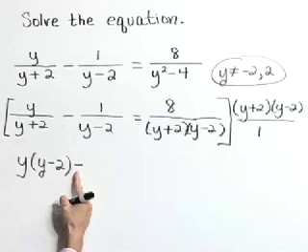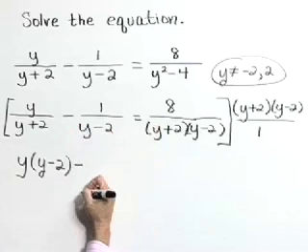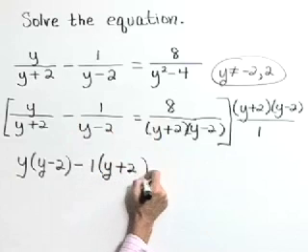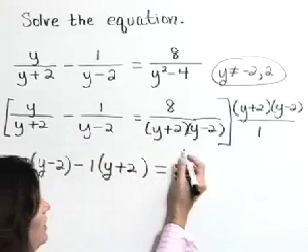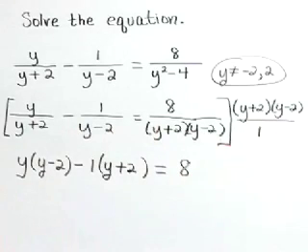Minus sign next. As we multiply that times our next term, the y minus 2's cancel, leaving 1 times y plus 2. On the right-hand side, both of those factors cancel, leaving the number 8.